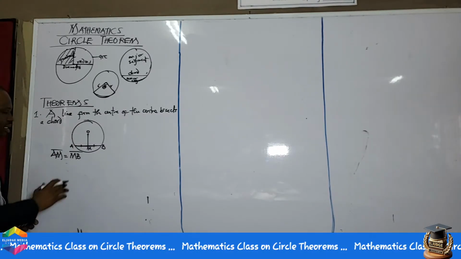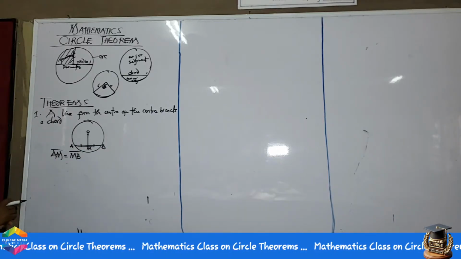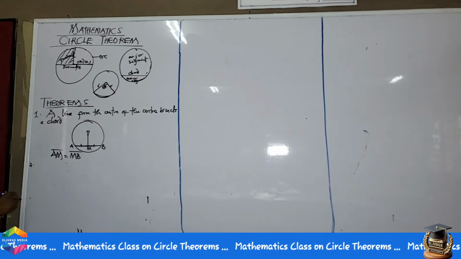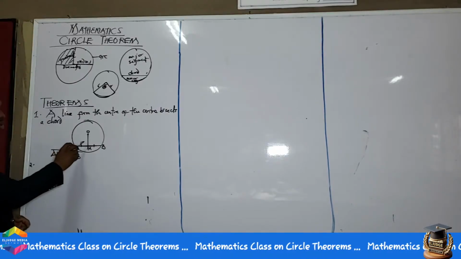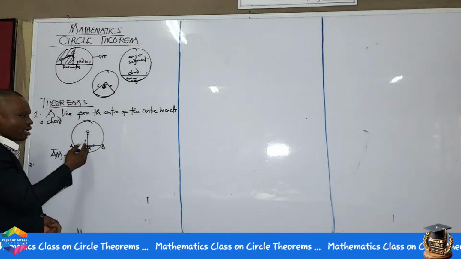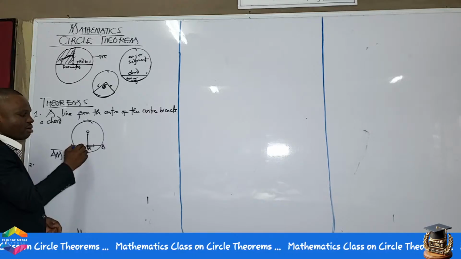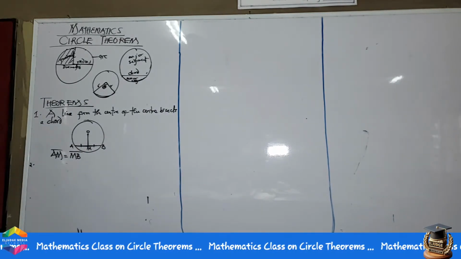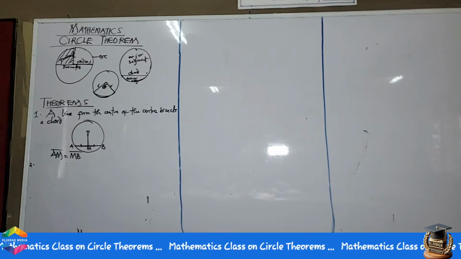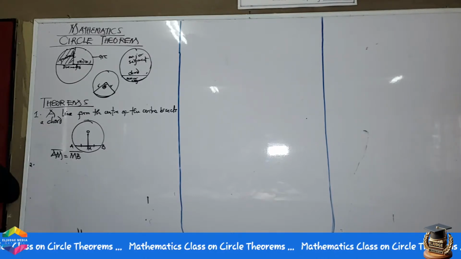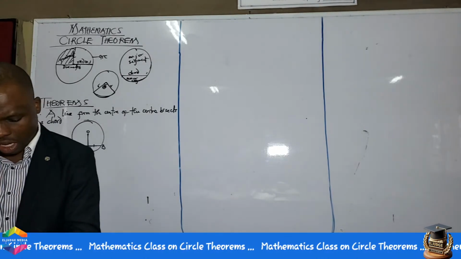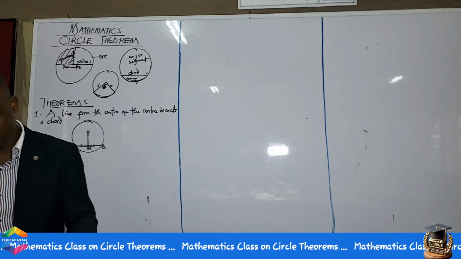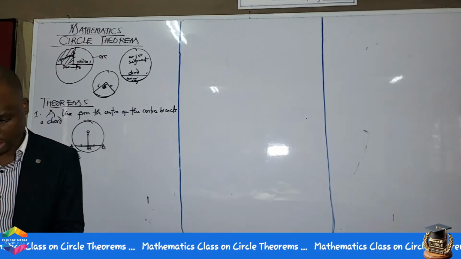When we say it bisects the chord, then as a corollary, we can also say that the angle formed by this line that meets this chord is a perpendicular angle, that is, it's 90 degrees. Let me quickly make a rough sketch of that.